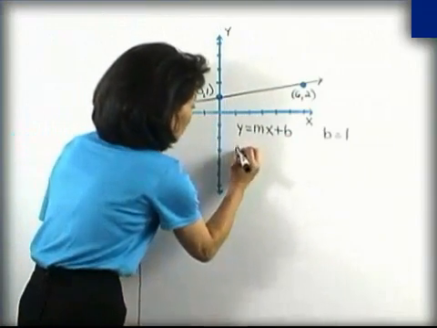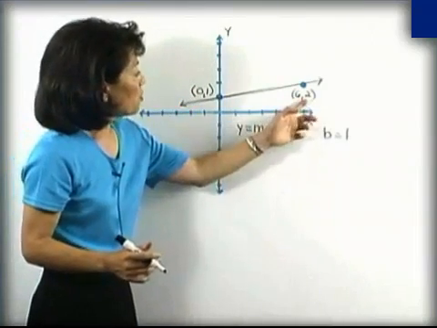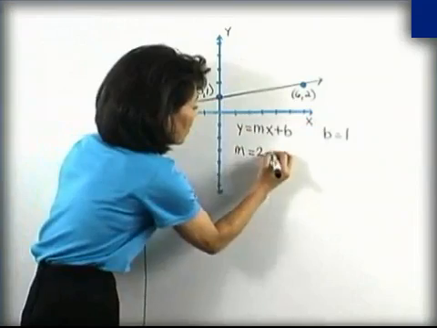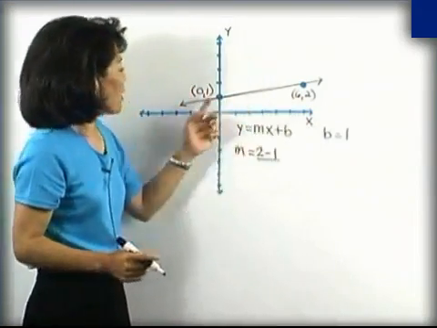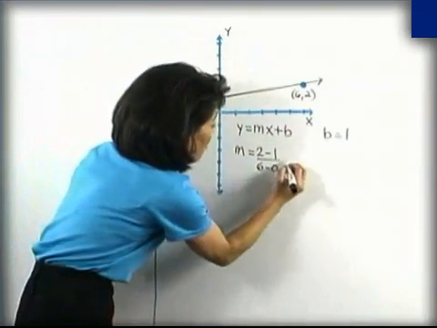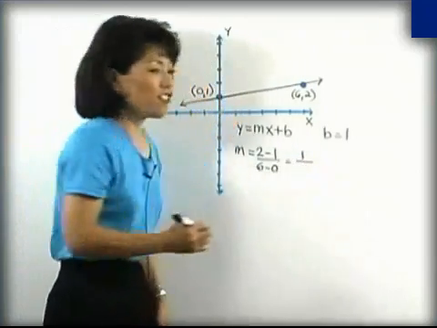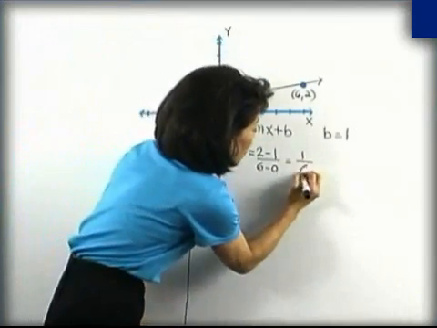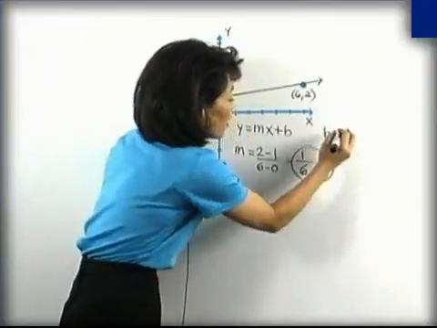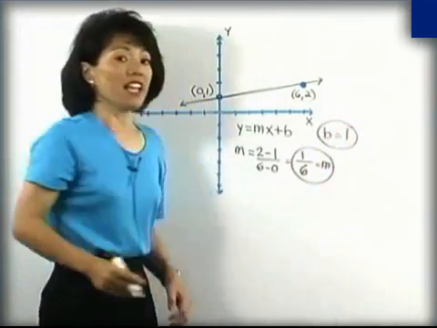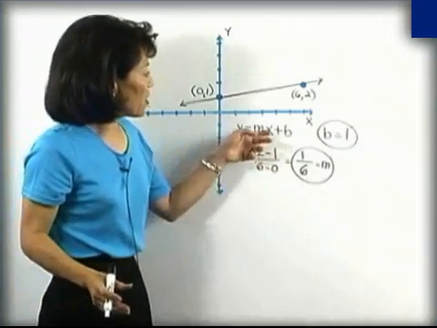So m, the slope formula, is equal to the difference in the y's, so that can be 2 minus 1, over the difference in the x's, 6 minus 0. So in this case, 2 minus 1 is 1, 6 minus 0 is 6. What does this tell me? This tells me that my slope is 1/6, my y-intercept is 1, and that's all the information I need for writing the equation of this line.